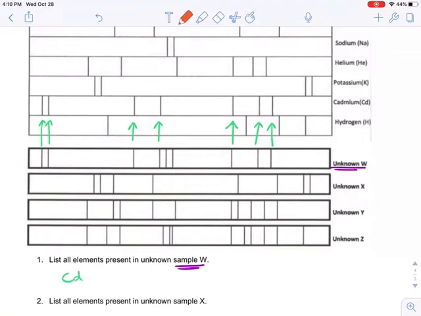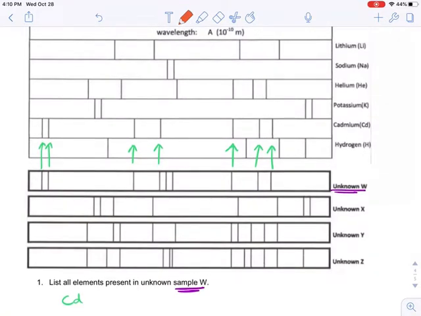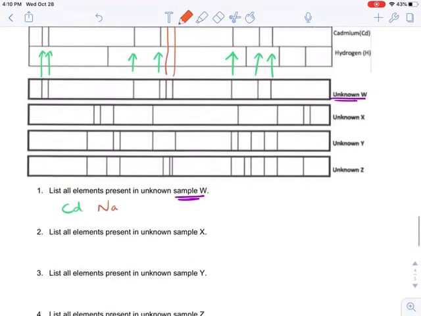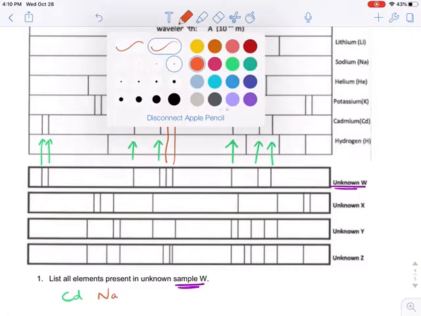We have some additional lines here. Let's see what else we could find. We only have 2 lines that didn't match up with CD, and that's these 2. They match up perfectly with sodium. So we're going to list sodium here. See how this goes?